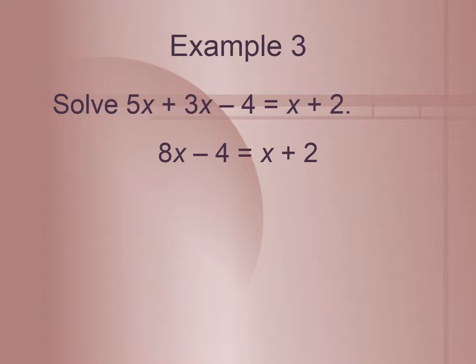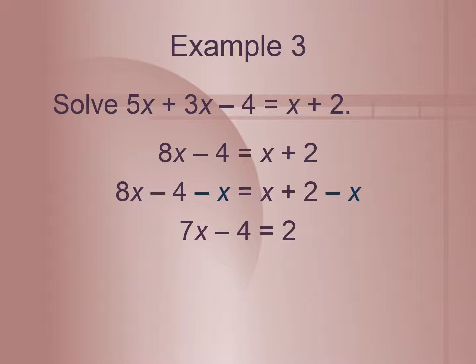Step 2 is to get all the variables on the same side. So I'm going to subtract x from both sides, so that way it will go away on my right-hand side. I'll no longer have an x to worry about. But if I subtract x on the right-hand side, I also have to subtract x on the left-hand side. So 8x minus x is 7x, and I still have my minus 4, equals, and on the right-hand side, all I'm left with is 2.